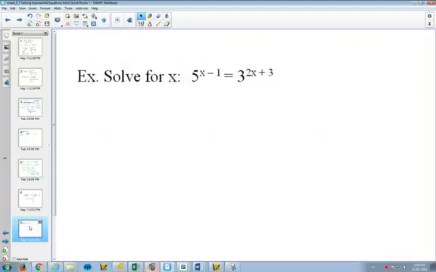So we've got 5 to the x minus 1 equals 3 to the 2x plus 3. We can't get things to be the same base. So we're going to need to take the natural log or the log of both sides. Which one would you prefer this time, log or natural log? Log? Okay.